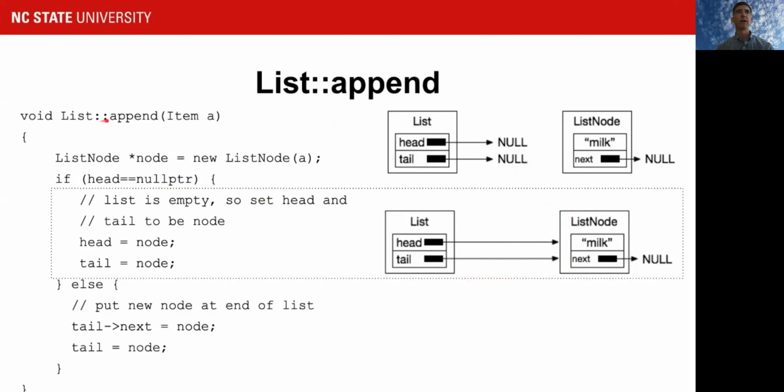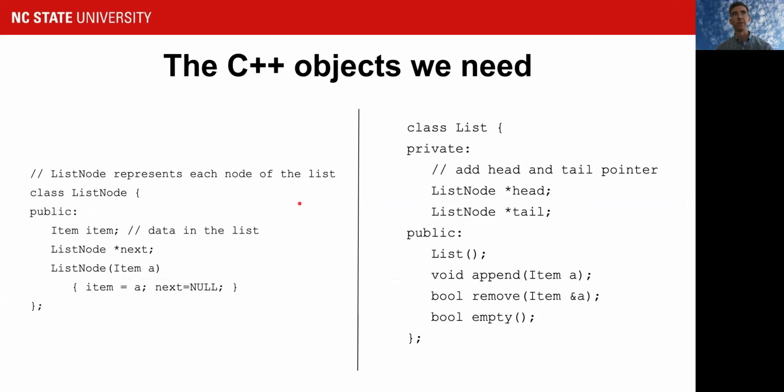So this is what I want to have happen. So when I call the append function and I give it an item I want to add to my list, there are a few things I'm going to do. First, I need to make a new list node, and I pass the item A in as an argument, and that will initialize my list node object to hold item A, or a copy of A in this case. And it also sets its next pointer to null, right? We saw that in the constructor on the previous page.